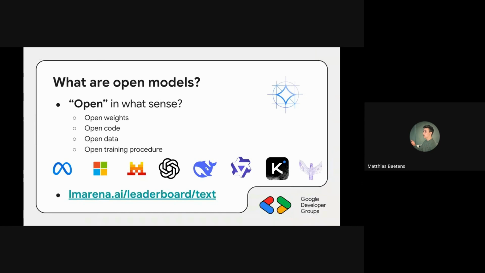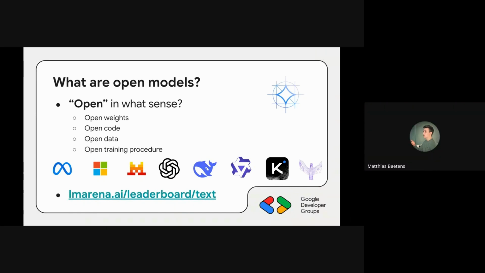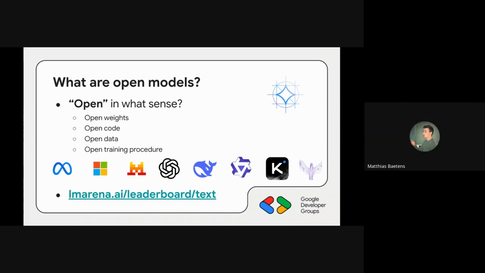A brief section on what open models are. There are a few flavors of open models, and it relates to how open they are. Some models are open weight. Gemma is an open weight model, where you basically get the parameters from Google, and you can load and initialize them as a model yourself on your local machine, on any hardware you have available.